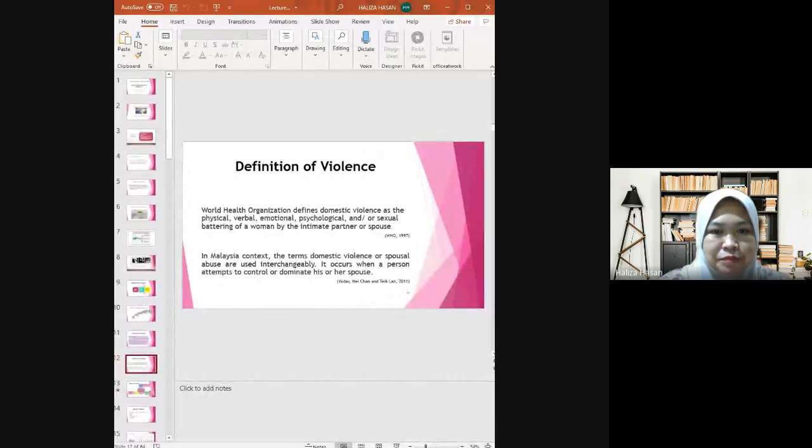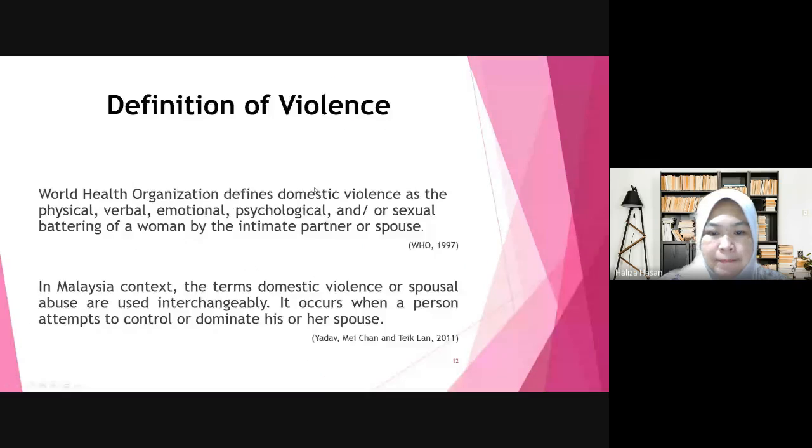So in the Malaysian context, the terms domestic violence and spousal abuse are used interchangeably.